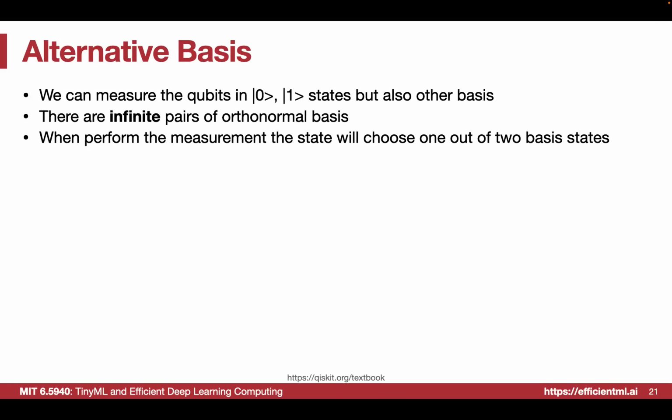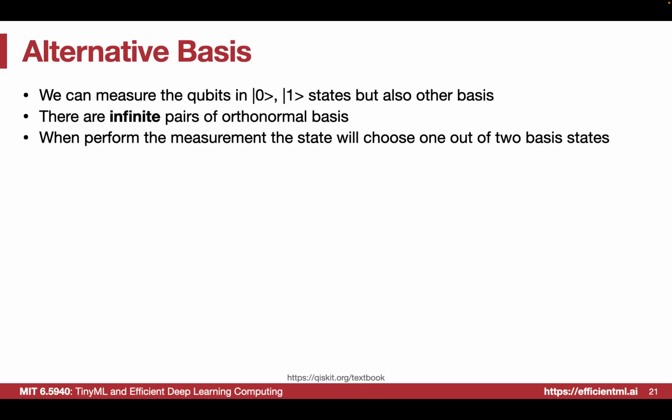Okay, so besides this 0 and 1 state, sometimes we can also measure on other states, because 0 and 1 are just 2 special states in this whole space, right? There are infinite pairs of orthonormal bases, and during the measurement, based on the algorithm we want to do or the actual quantum device, we can select one of the orthonormal bases to measure in.